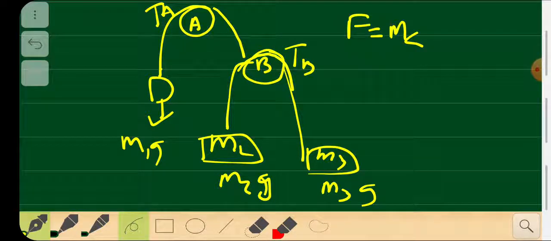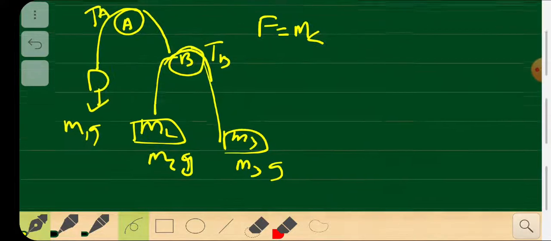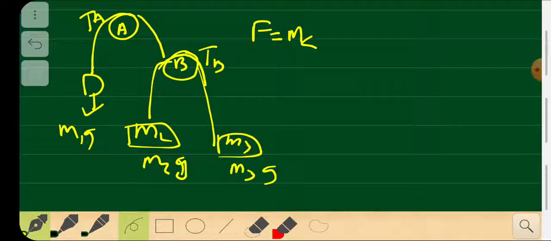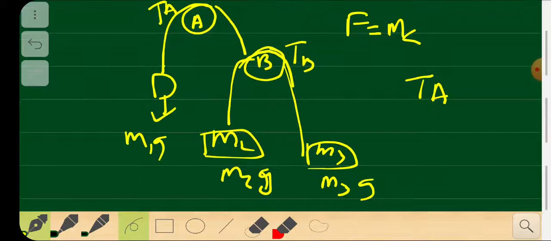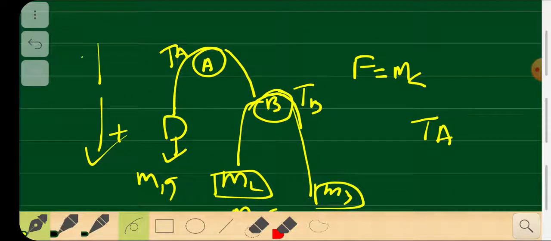So let's write down for m1. I'm going to take the downside as positive. Whatever goes downwards is positive and whatever goes upwards is negative. So you have a sign convention here.